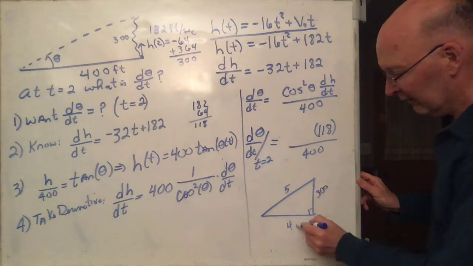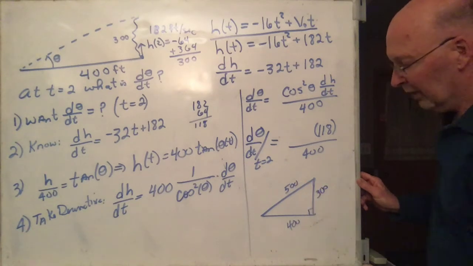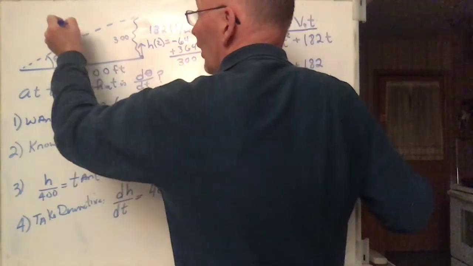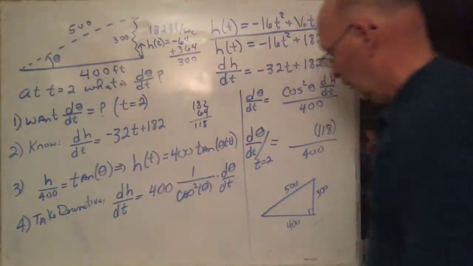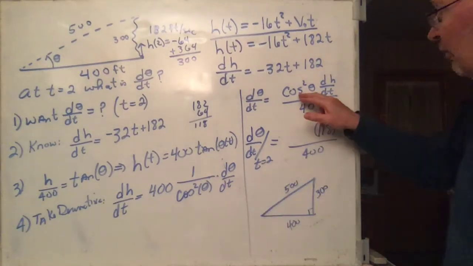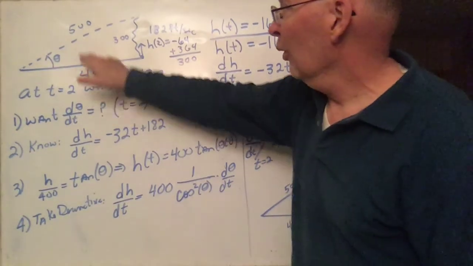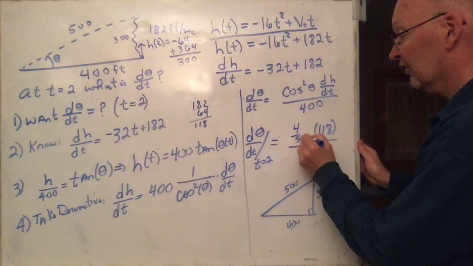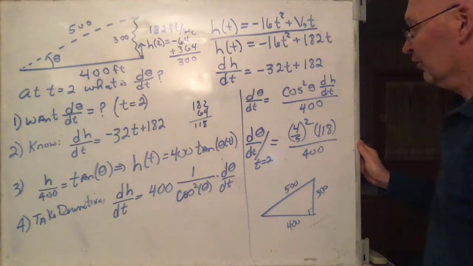And if you multiply everything by 100, you get the same thing. So this is 300, this is 400, and this is 500, which means the cosine is 400 over 500, which is 4/5. So it's going to be 4/5 quantity squared.